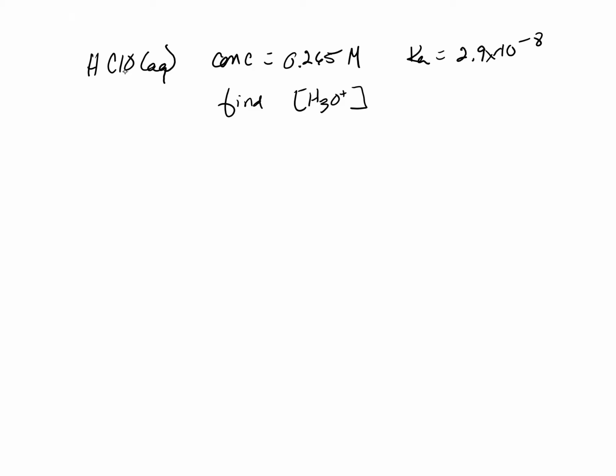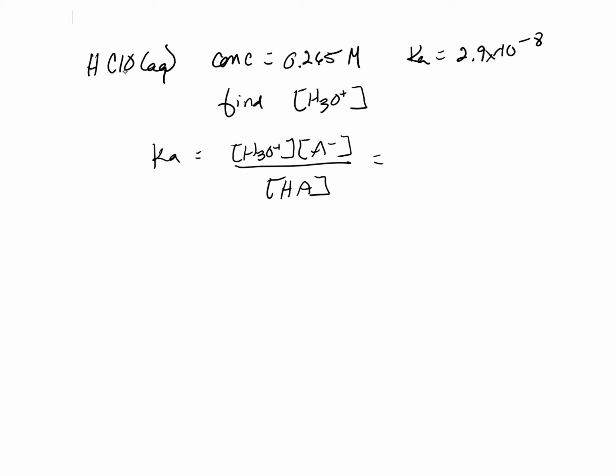So the way to approach this is to go right back to our definition of Ka. So Ka is going to be our concentration of hydronium times our concentration of our weak conjugate base over our concentration of our non-dissociated weak acid. And what we know is our Ka.